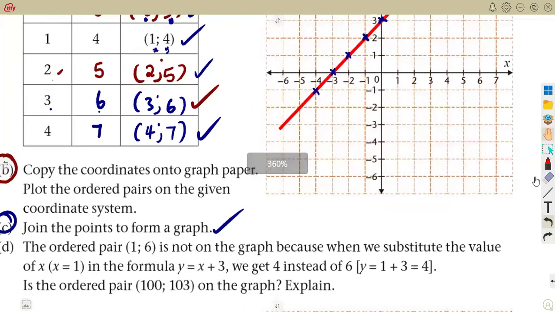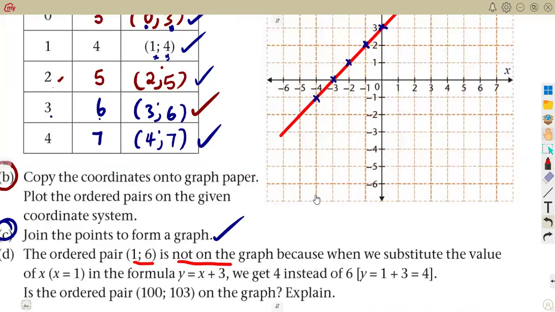Then on the other part, they're saying, D, the ordered pair (1, 6) is not on the graph because when we substitute 1 for x in the formula y is equal to x plus 3, we get 4 instead of 6. So this is how you can tell whether a point, which is an ordered pair, is on the graph or lies on the graph.